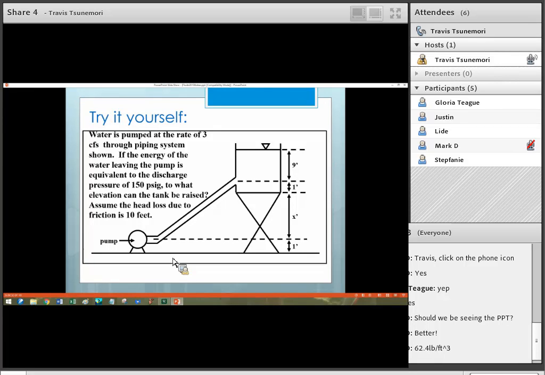How are we doing? So you should have written out the Bernoulli equation for the point that's immediately after the pump. Anybody have a total energy number for that side of the Bernoulli equation?